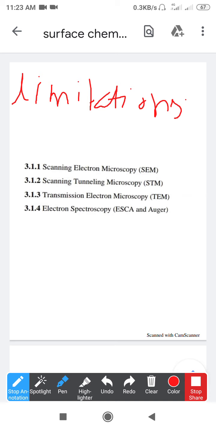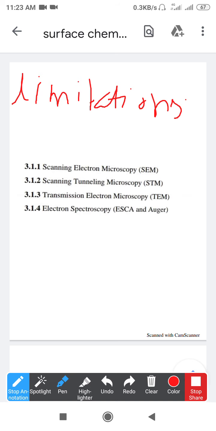We need to do the analysis at high temperature, so we can eliminate those gases and have the pure solid surface. But there are also limitations there. Suppose our substance changes its properties at high temperature, then we are not going to heat that substance. We need to find another method to analyze that substance.